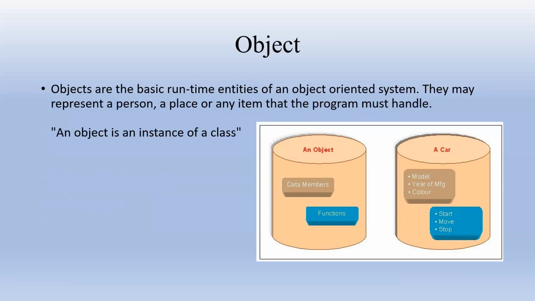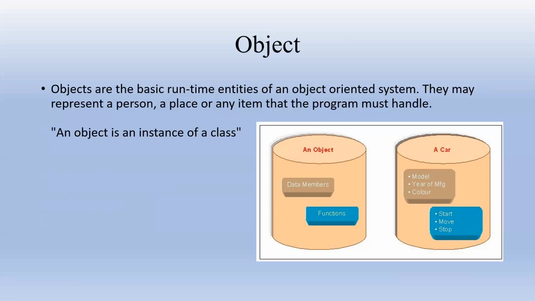Here on the right hand side, you can see that we have class car. It has three properties: model, its year of manufacture, and its color. And we have three functions which define some logic or some operations: a start function, a move function, and a stop function.